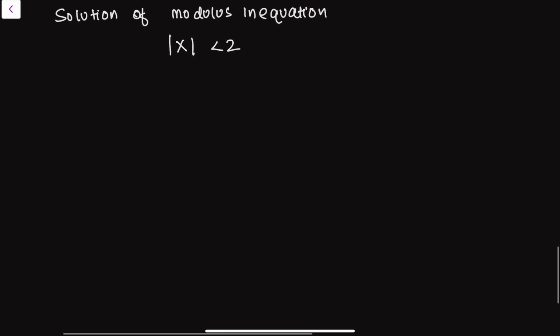Let's say we have the modulus inequation mod of x less than 2. Now what are the values of x for which the modulus of those values is less than 2?